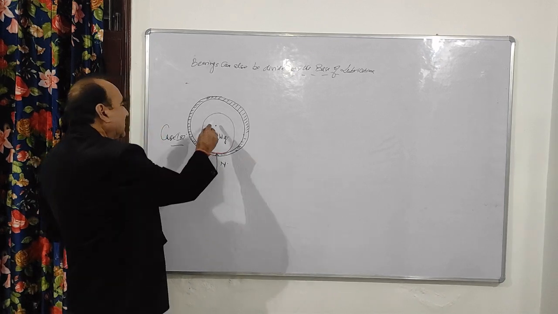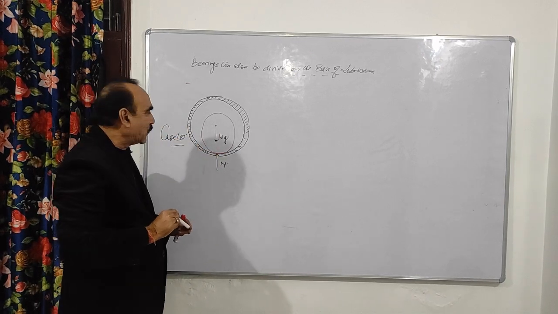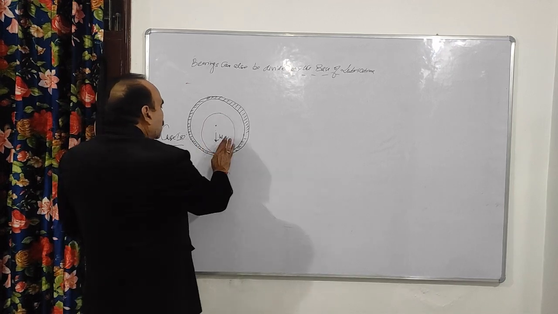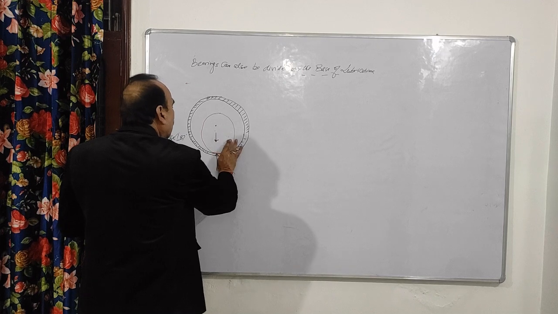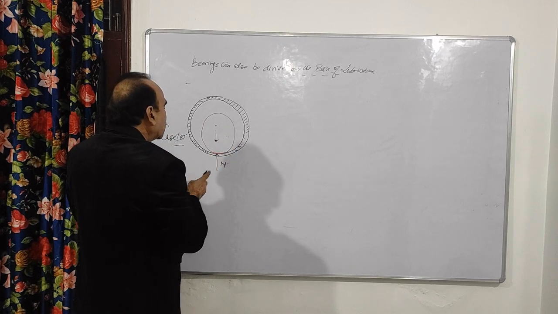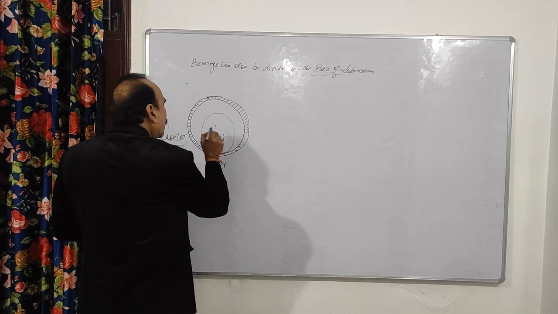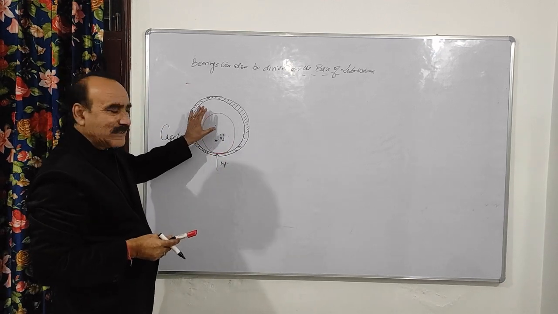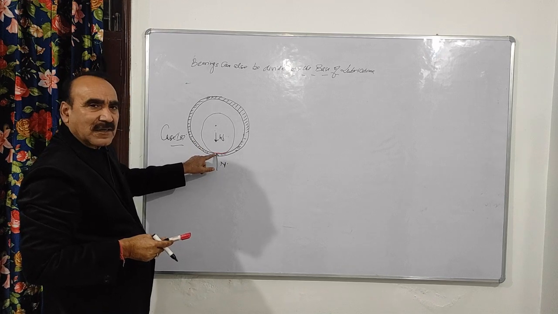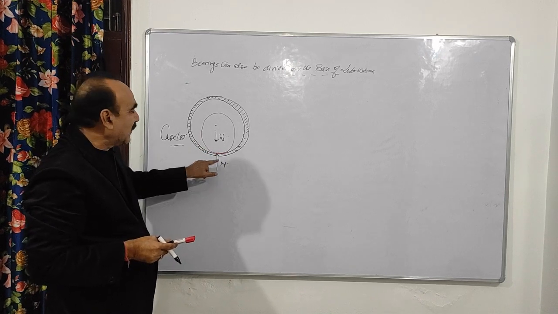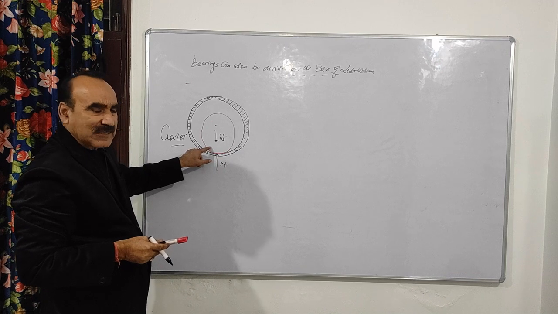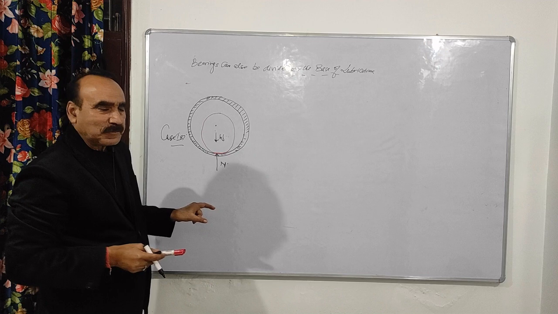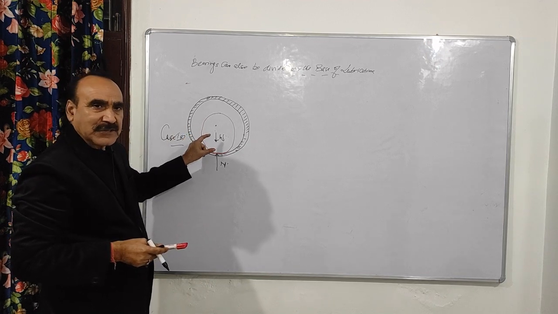So all this load is acting downward like this. Suppose the load is W. So W is the load which is acting downward, right? To balance this load, there is a normal force which is acting in the upward direction, right?